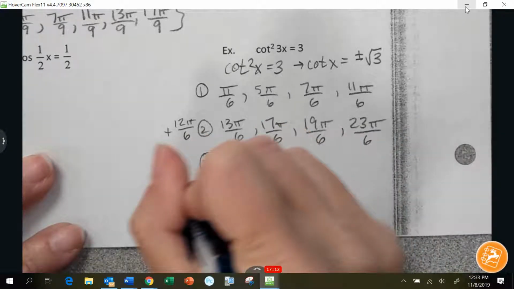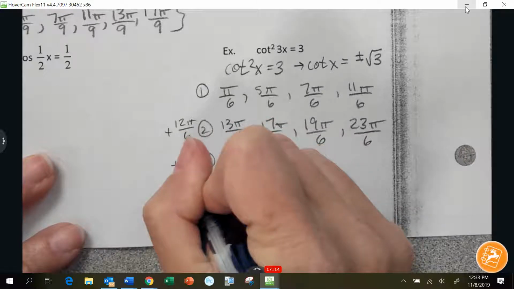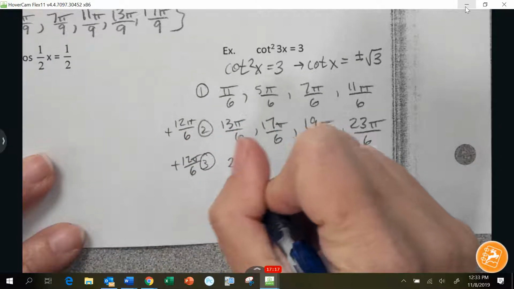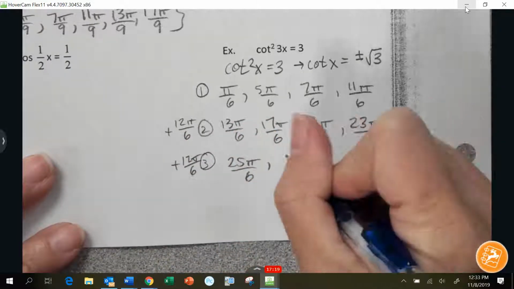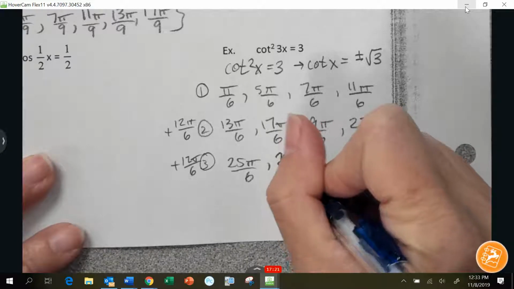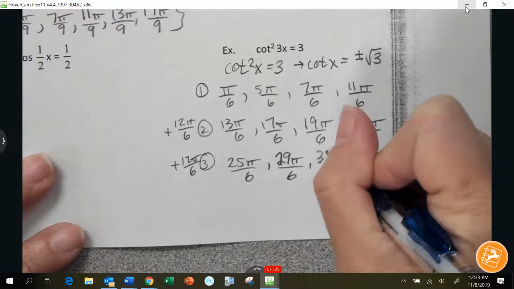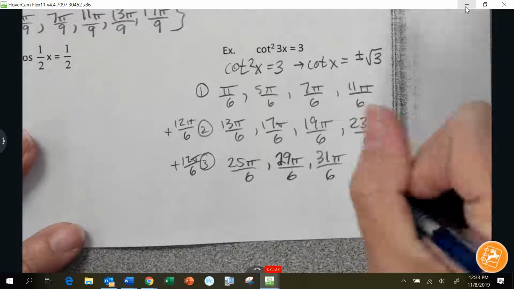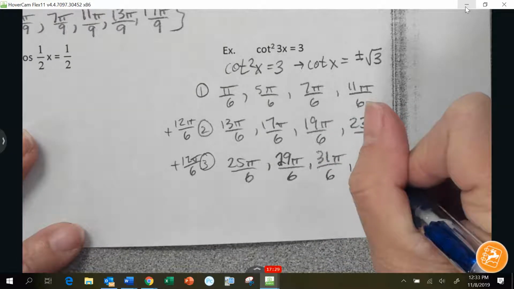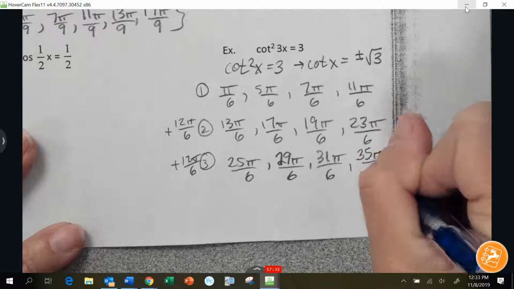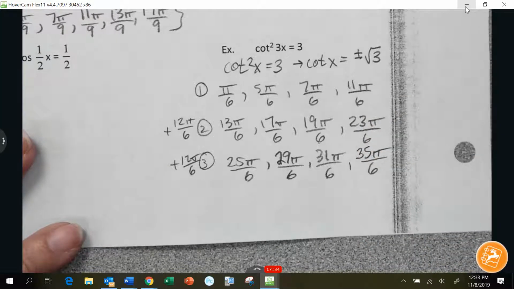Third cycle, add another 12 pi over 6. 25 pi over 6. 29 pi over 6. 31 pi over 6. 35 pi over 6. Are we done?